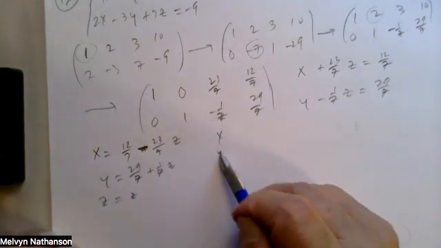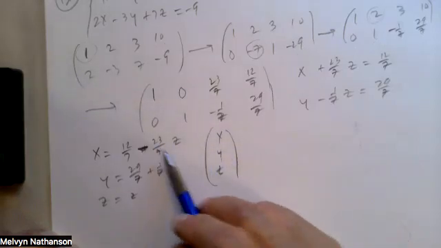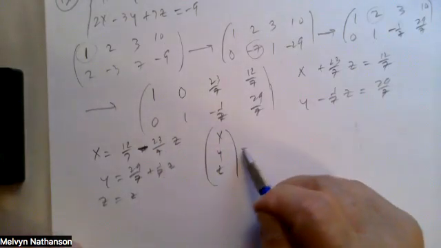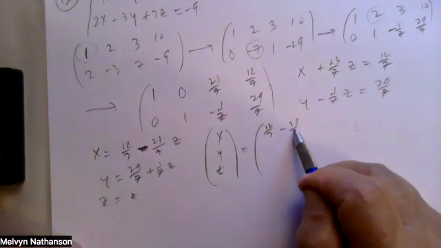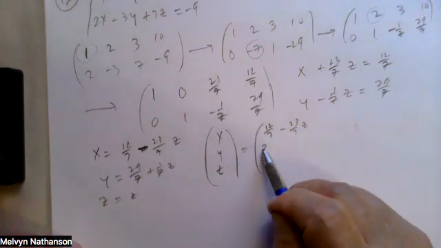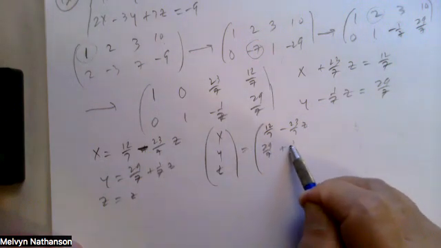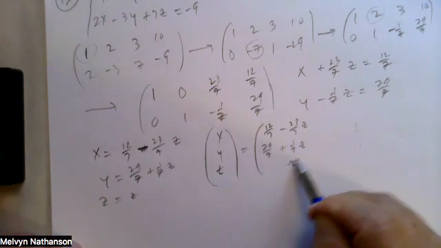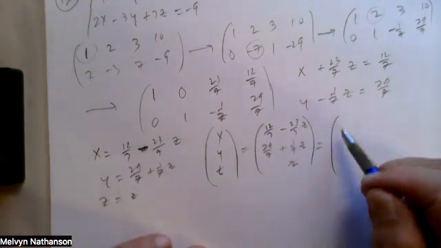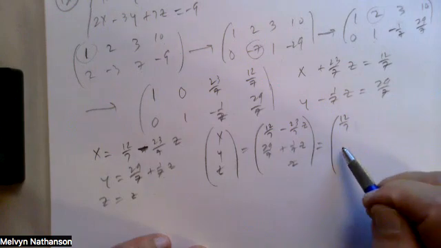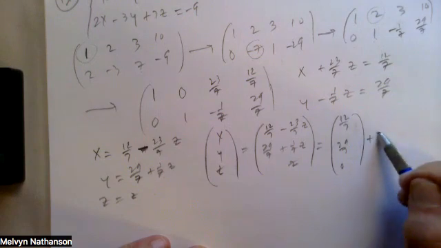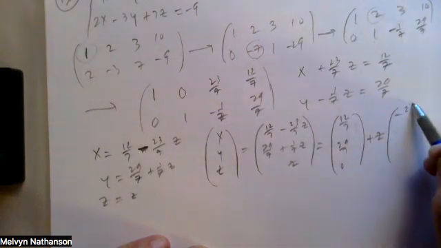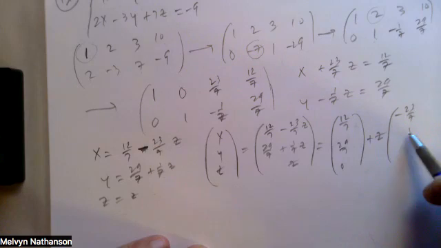So in the solution, x and y can be replaced with these quantities: 12 over 7 minus 23 over 7 z, 29 over 7 plus 1 over 7 z, and z, which is exactly the vector 12 over 7, 29 over 7, 0, plus z times the vector minus 23 over 7, 1 over 7, 1.